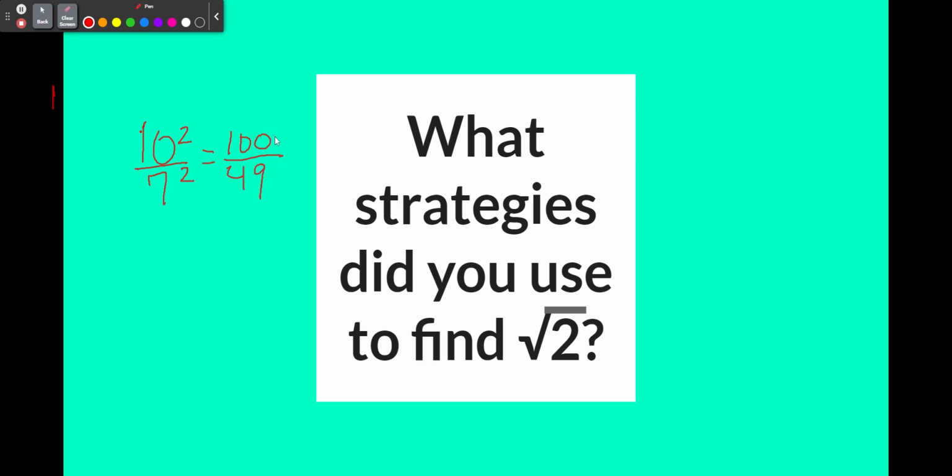So just like the one we had earlier, where it was 49 over 25, if we took our 49 and moved it up just a little to 50, it was really close, and we had 50 over 25, that would be equal to 2. Well, here we have 100 over 49. So again, if we put this 49 as a 50, then it would be 100 over 50, which would be equal to 2. So again, we are close, but not exactly. So did anybody find anything that is equal to exactly the square root of 2?